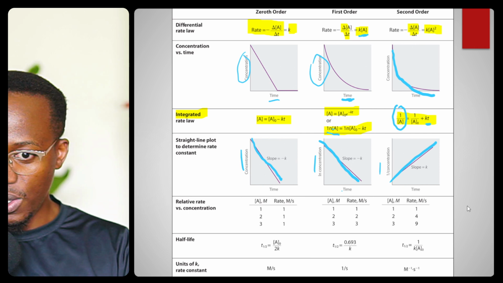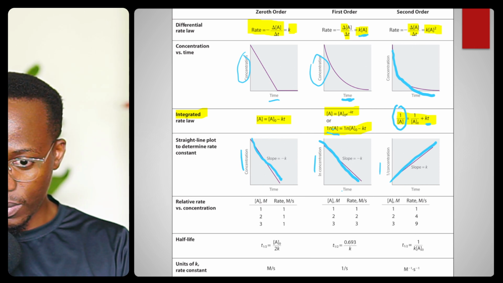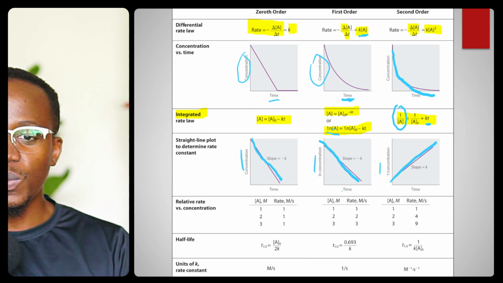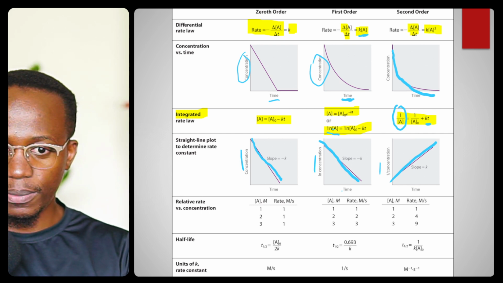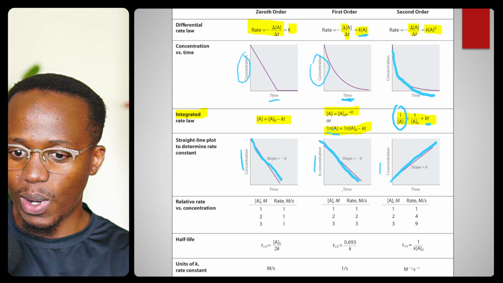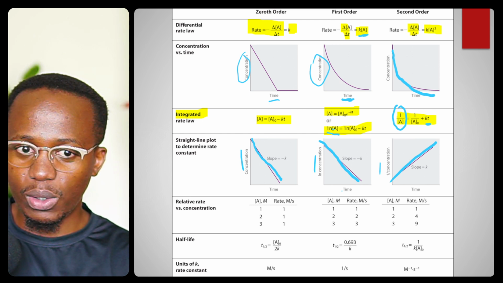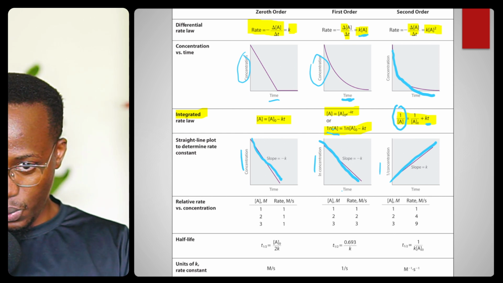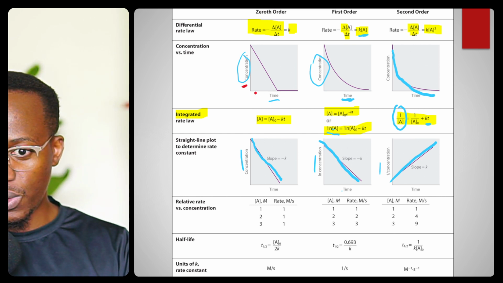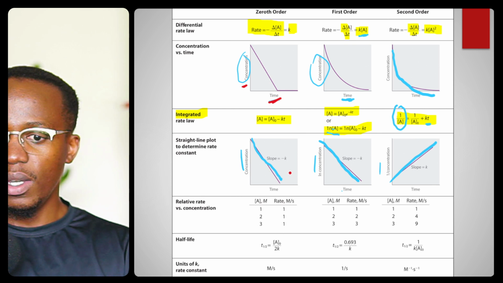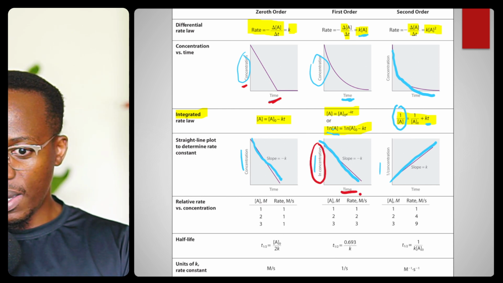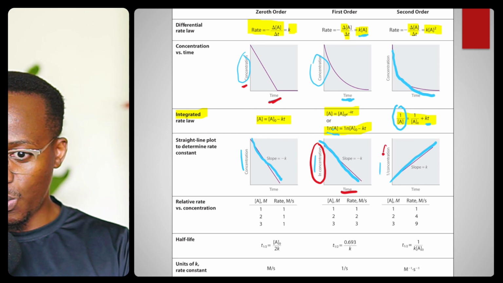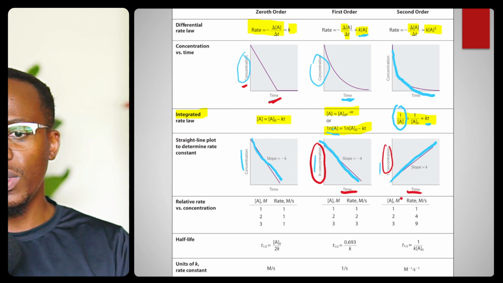So we run the reaction, and after we run the reaction, we do three graphs. So this is the graph method. We're going to do a graph of concentration versus time, then a graph of ln of concentration versus time, and then a graph of 1 over concentration versus time to see how they look.